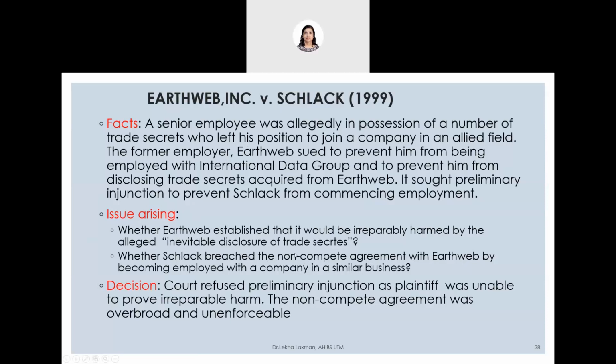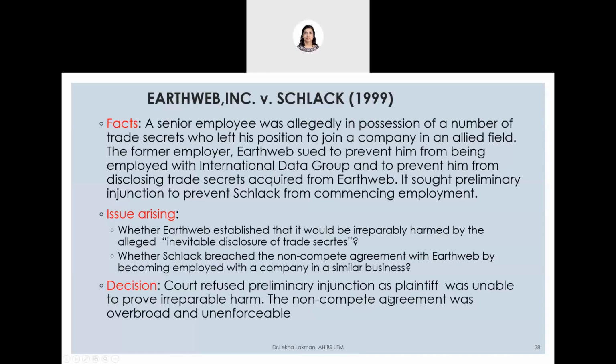Basically, if you are hired by another company in the same business, you will not use the information for competition purposes. So those are the two issues arising, and the second issue is whether this employee had breached that agreement or not.